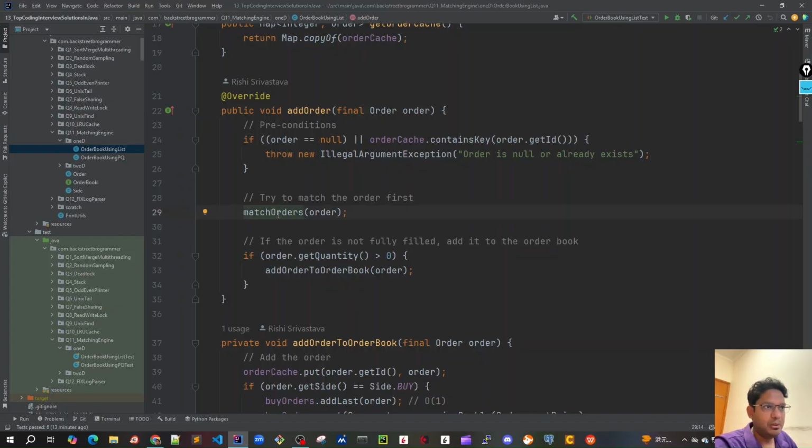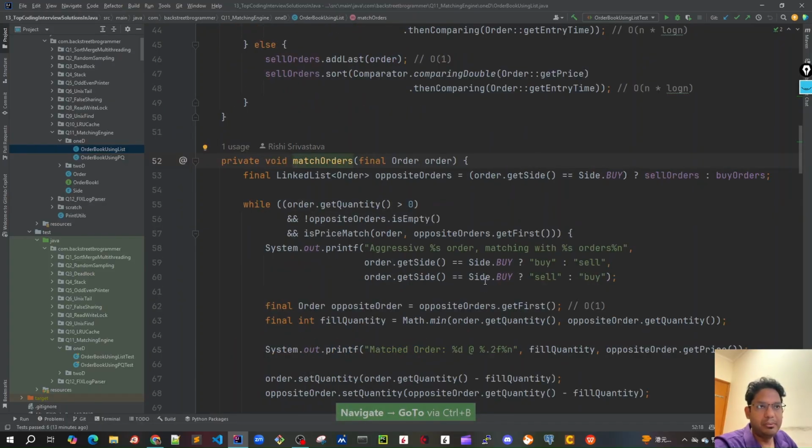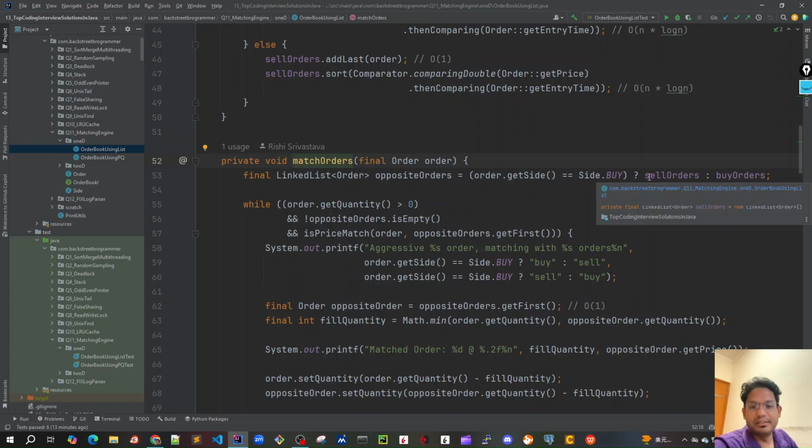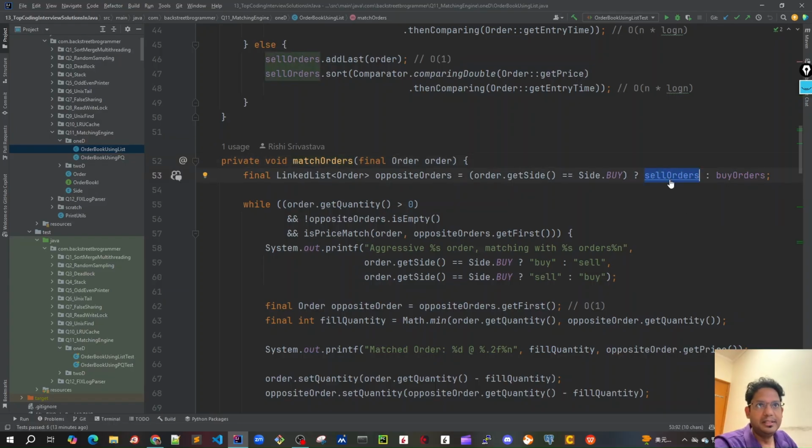So again, for matching orders, as we discussed in the previous video, it's quite straightforward. It's based on price and time priority. Suppose I have received a buy order. For the buy order, the opposite side should be the sell orders list. This sell orders list is our linked list, which is already sorted.